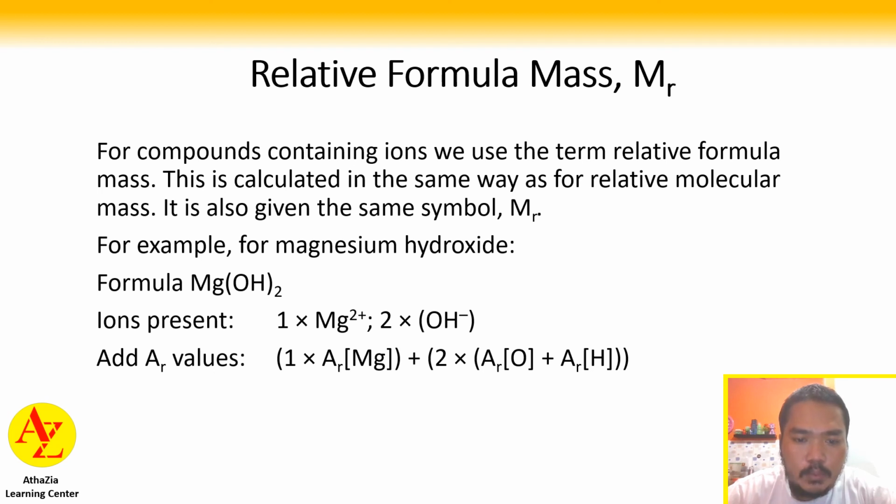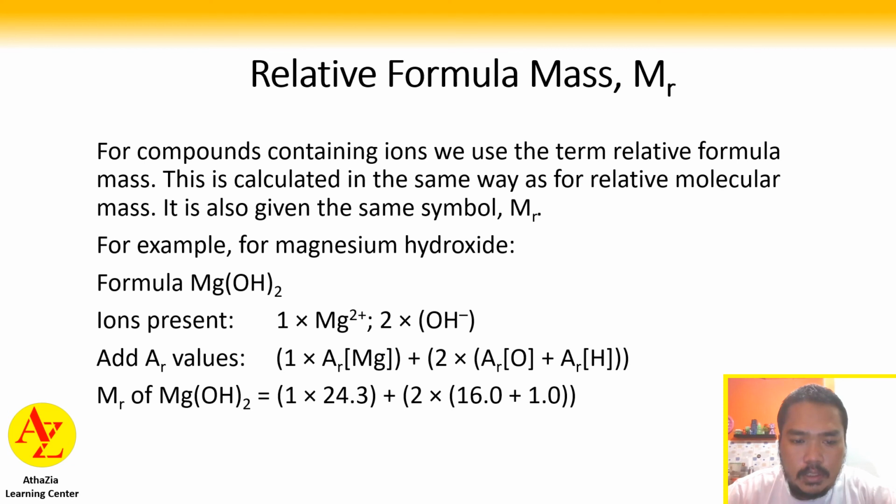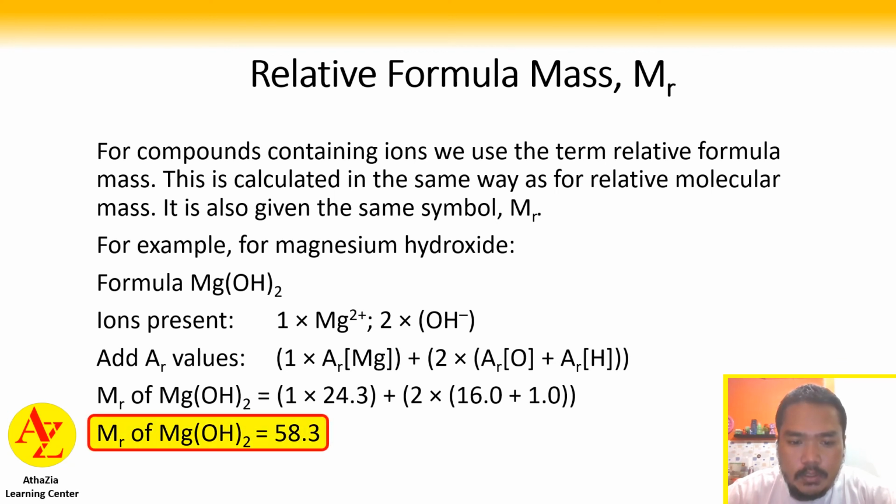It means 1 times AR of Mg plus 2 times, in the bracket, AR of oxygen plus AR of hydrogen. So it should be 1 times 24.3 plus 2 times, in the bracket, 16 plus 1. The result is 58.3. That's how you calculate MR.